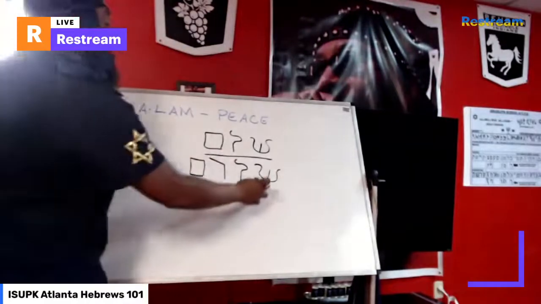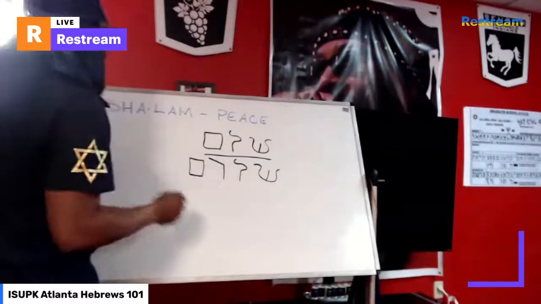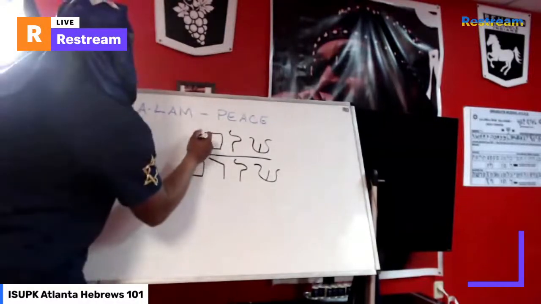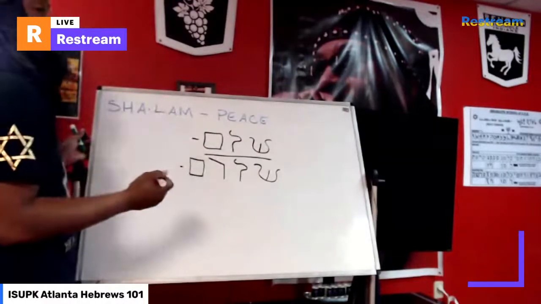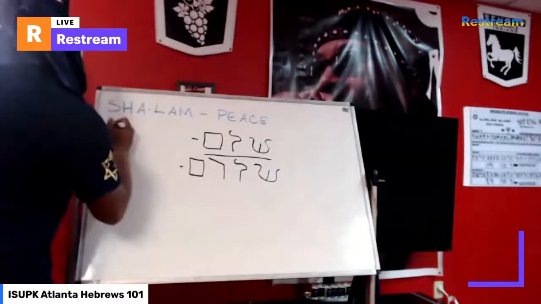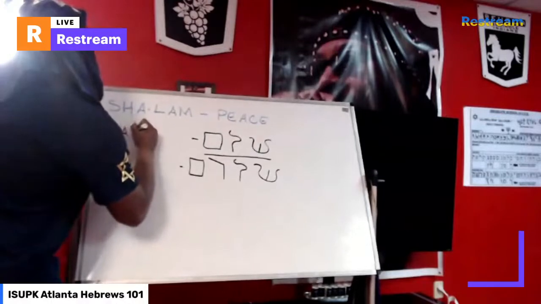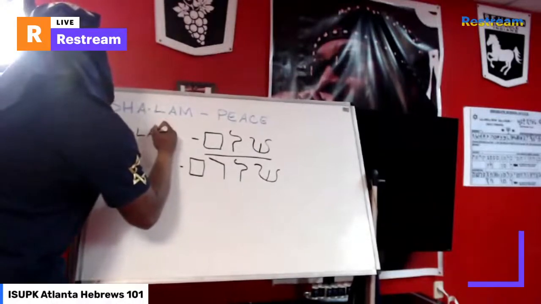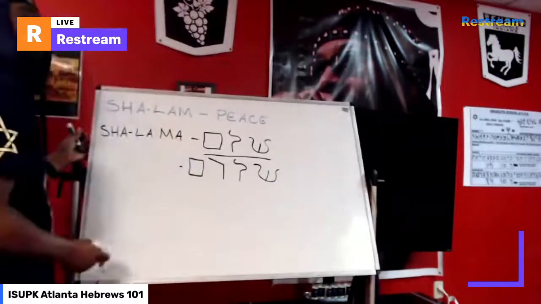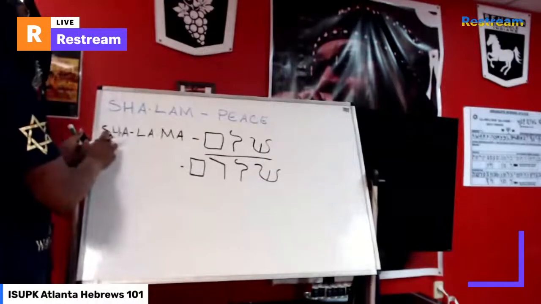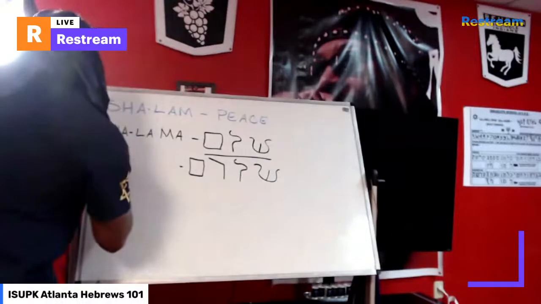On the bottom, we have Shah, La, Wa, Ma. Cool. So now let me write the syllables out next. For the syllables, I'll write them from left to right. So this is the first one here. We have Shah, La, and Ma. Right? Cool. Now for the second.